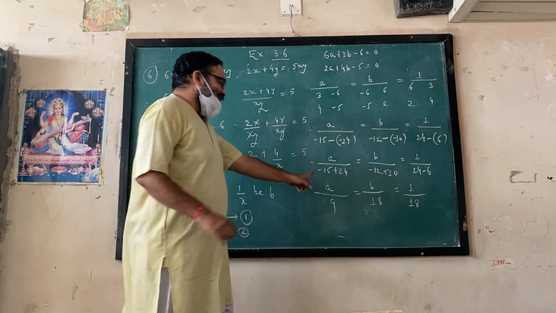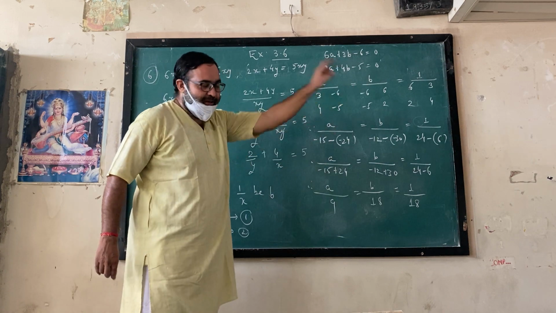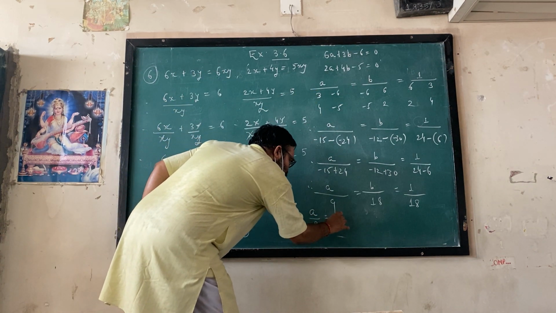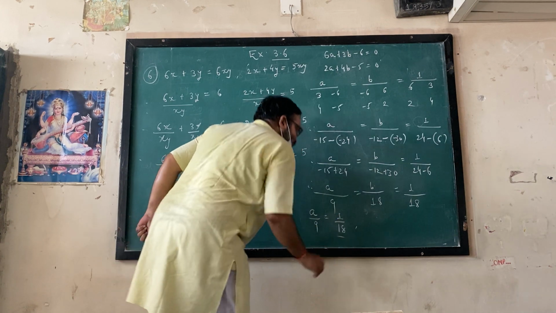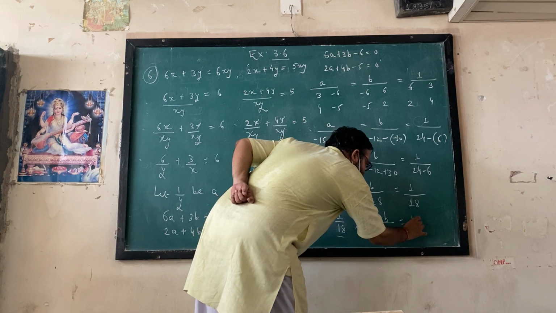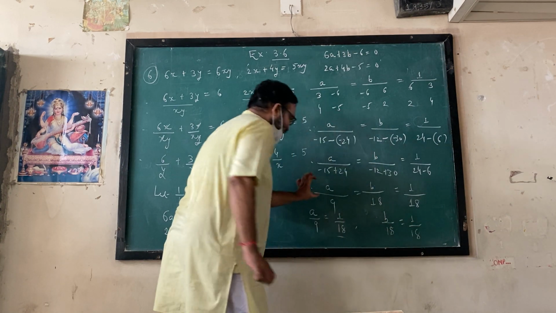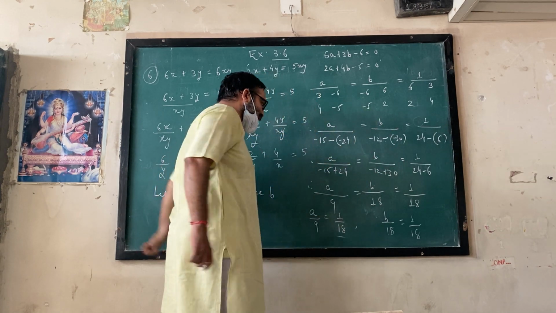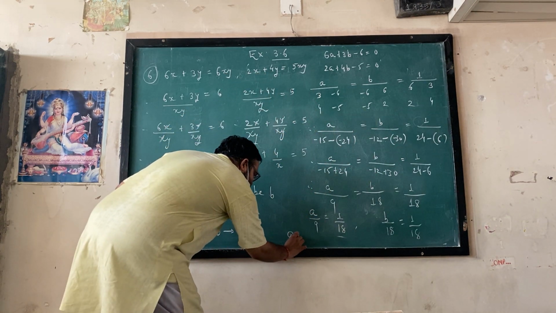So now we'll compare the a term with the constant term. So a upon 9 is equal to 1 upon 18 and b upon 18 is equal to 1 upon 18. The a term will be compared with the last term and the b term will also be compared with the last term.